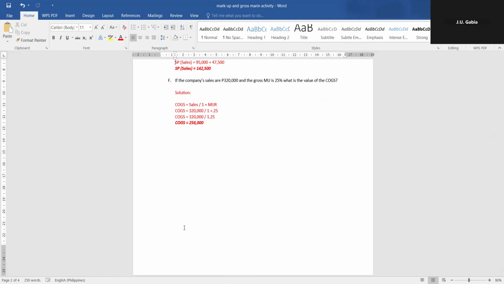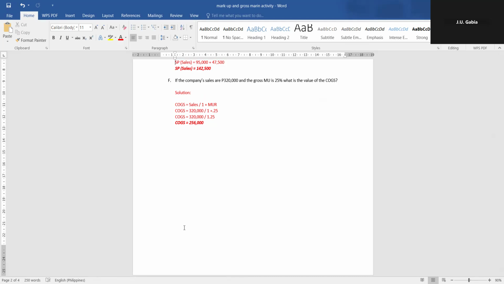In order to get the cost of goods sold, it is equal to sales divided by 1 plus the markup rate. So cost of goods sold is equal to 320,000 divided by 1 plus 0.25, which is our markup rate. Then 320,000 divided by 1.25 will give us 256,000.